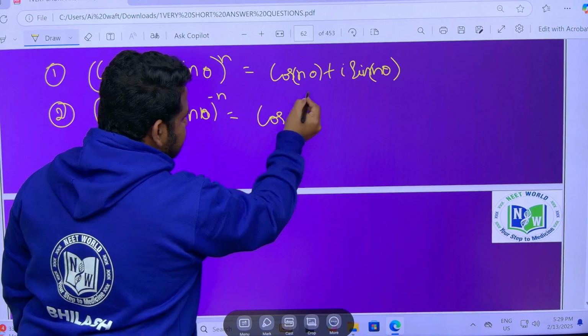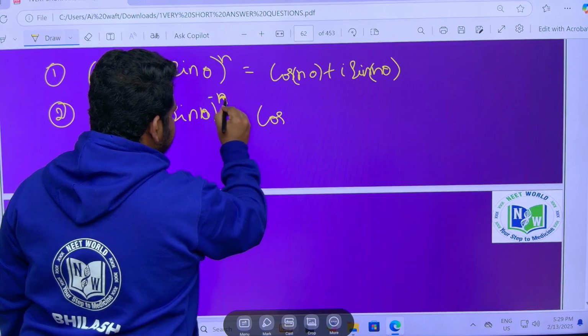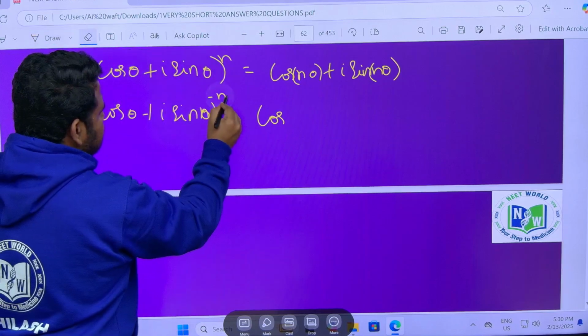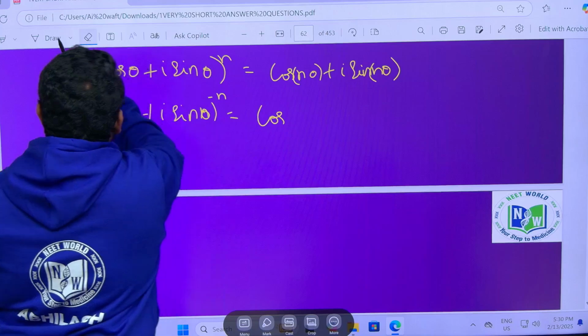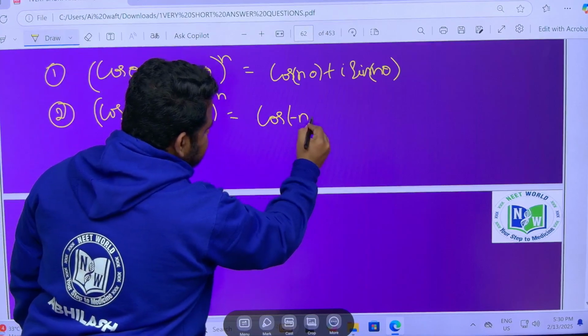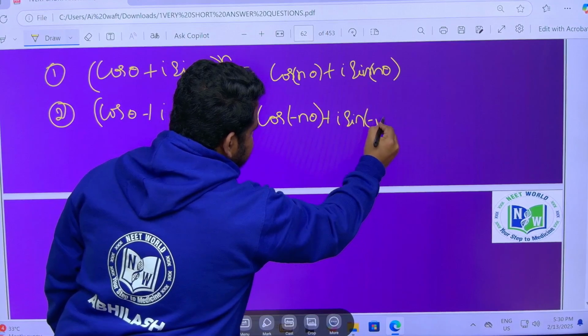You have to multiply the angle by minus n itself. So this will become cos of minus n theta plus i sin of minus n theta.